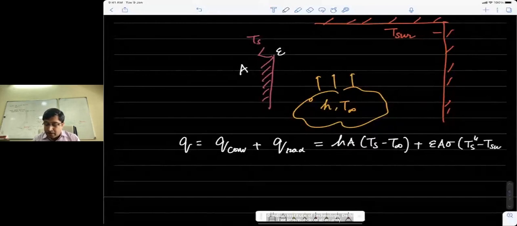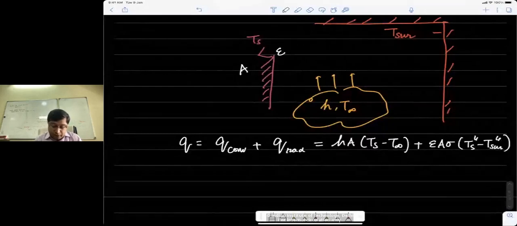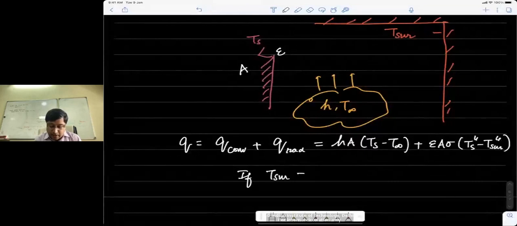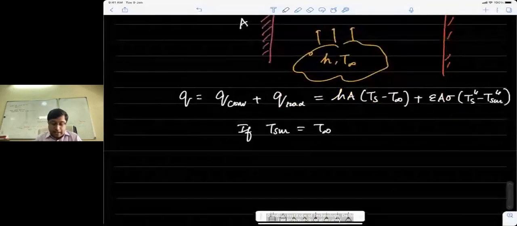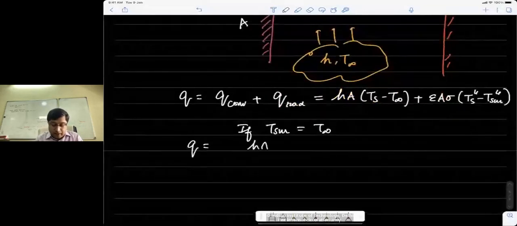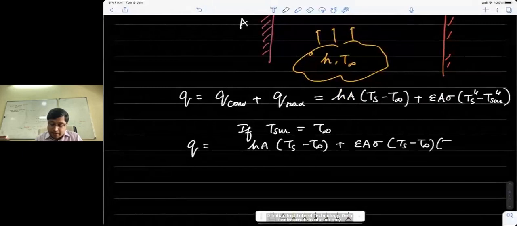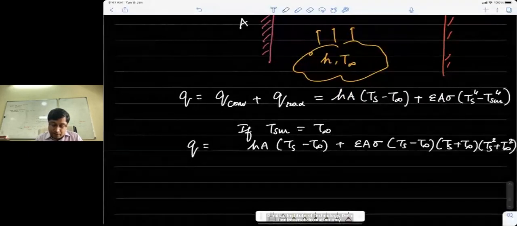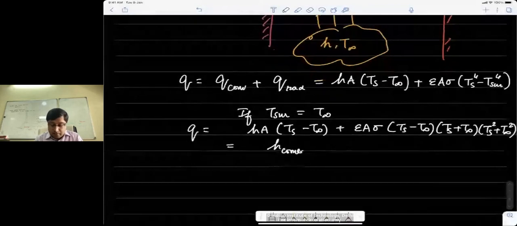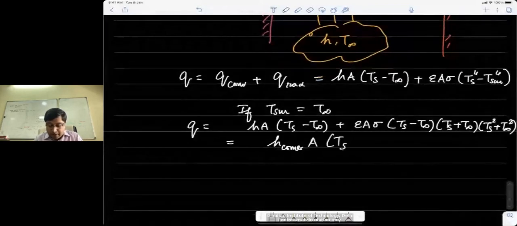I can also make one simplification: if the surroundings are at the same temperature as the ambient fluid, then Q will be hA(Ts minus T infinity) plus epsilon A sigma (Ts minus T infinity)(Ts plus T infinity)(Ts square plus T infinity square), which I can write as h combined times area times (Ts minus T infinity).